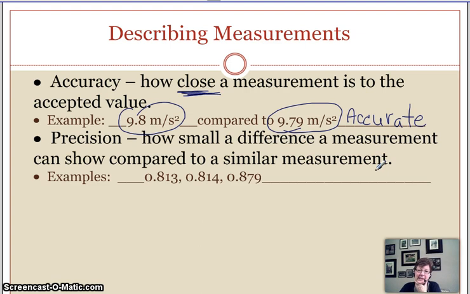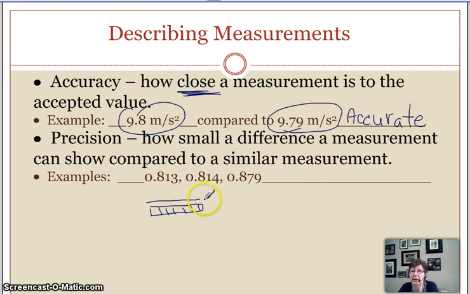So here is what my example that I have written down here means. Let's say you were measuring the length of a line, for instance, and you set your ruler down against it, and you looked on your ruler, and you read off the tick marks, and the first time you read it, you got 0.813 centimeters, inches, whatever it might happen to be.